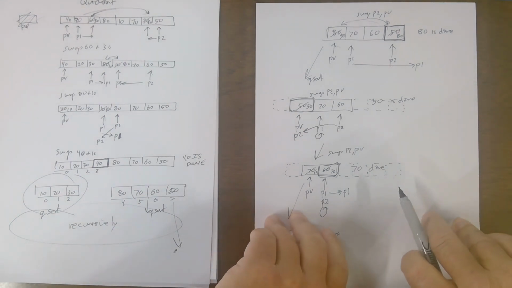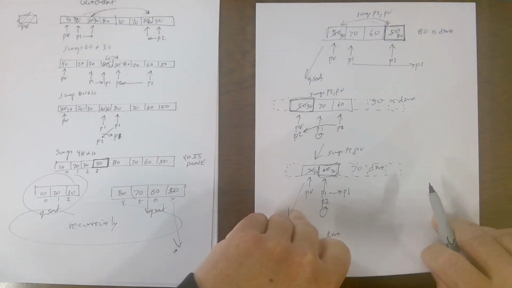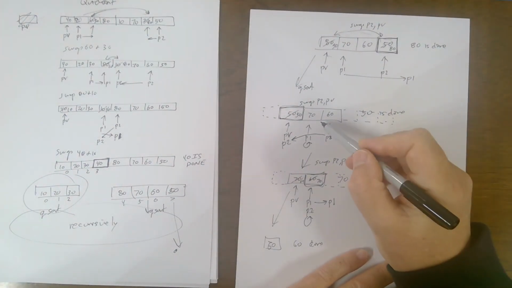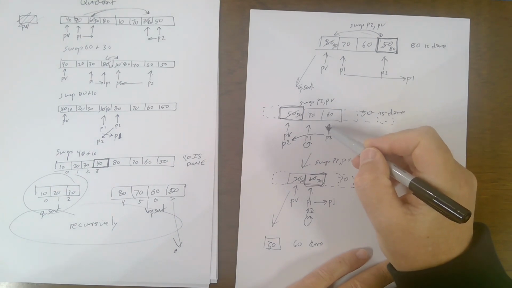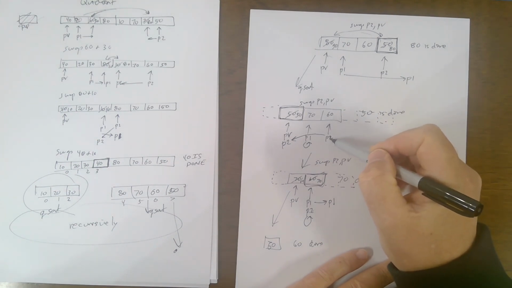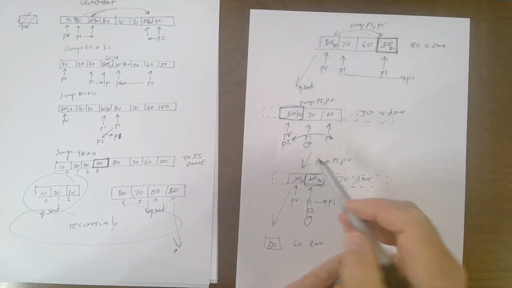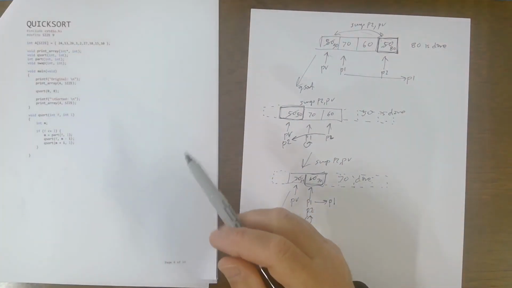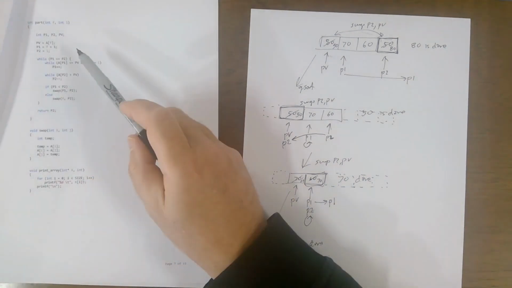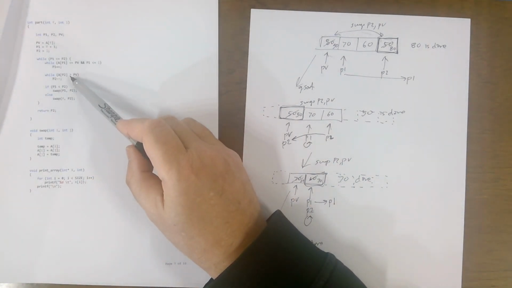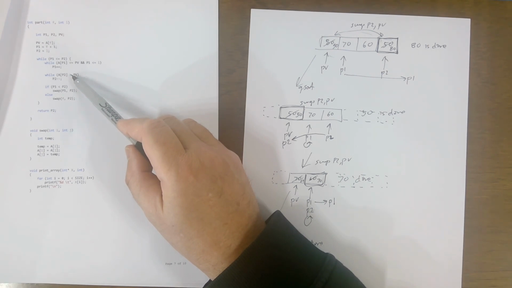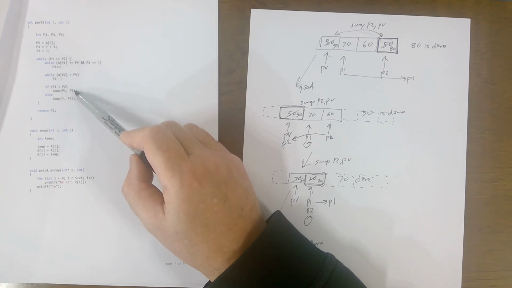I can do another thing. I could do one more, because what was happening here is these arrays are so small that we would get to the end condition right away, where you swap the P2 and the pivot. But the way the algorithm works is you move P1, you move P2, you swap P1 and P2.